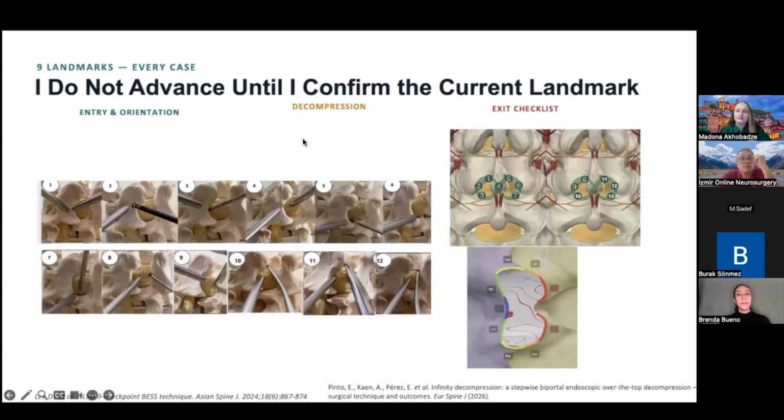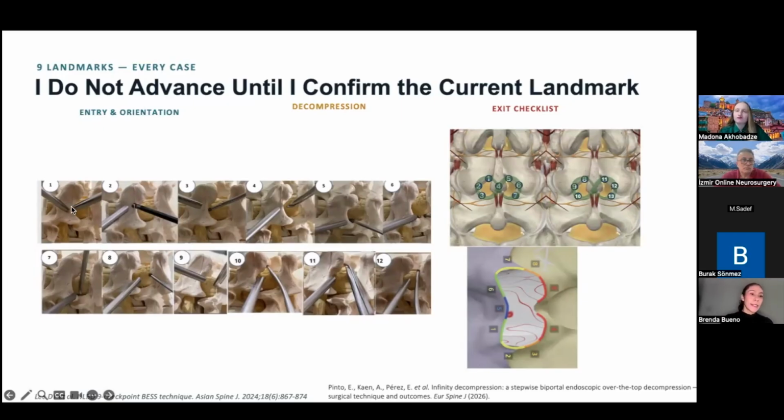So what I do is the infinite way. That means I do the ipsilateral side, then pass to the contralateral. First of all the bone work, in 7 steps, and then I remove the flavum.